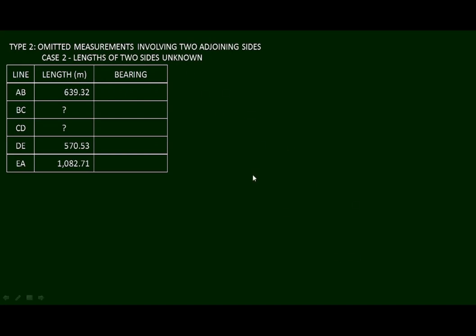So, the length, yung bearing ng ating mga lines I was not able to type.